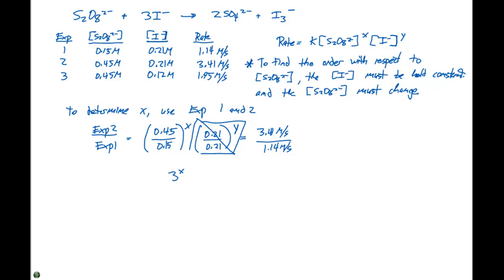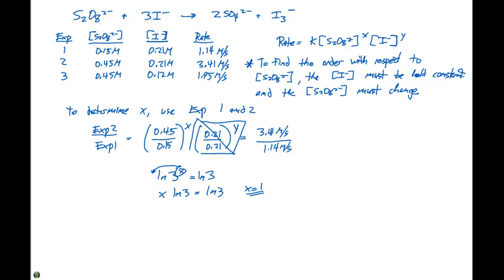So 3 to the x power is going to equal 3.41 divided by 1.14, and that's also going to be 3. If we take the natural log of both sides, we can bring this x down in front. So x times the natural log of 3 equals the natural log of 3, and here x is going to equal 1. Okay, so this reaction is first order with respect to the S2O8 2-.